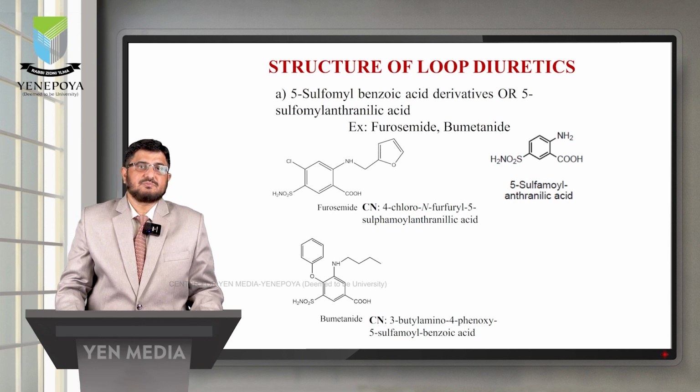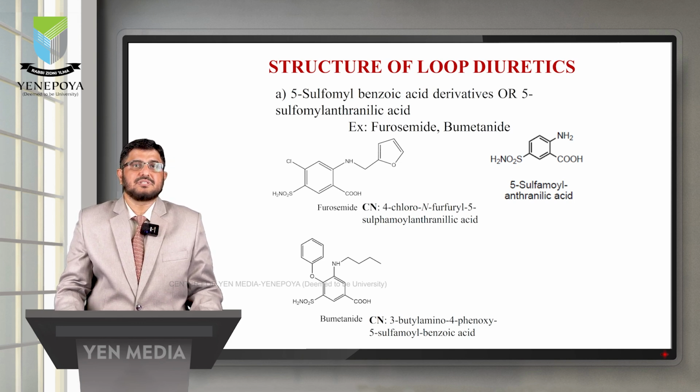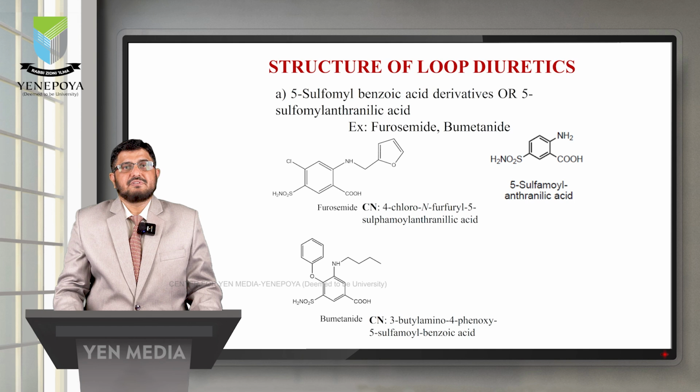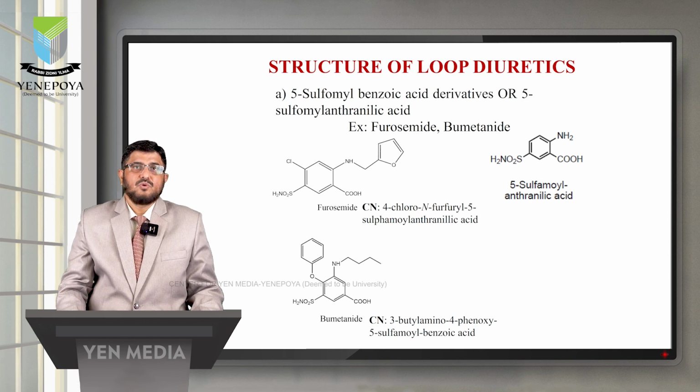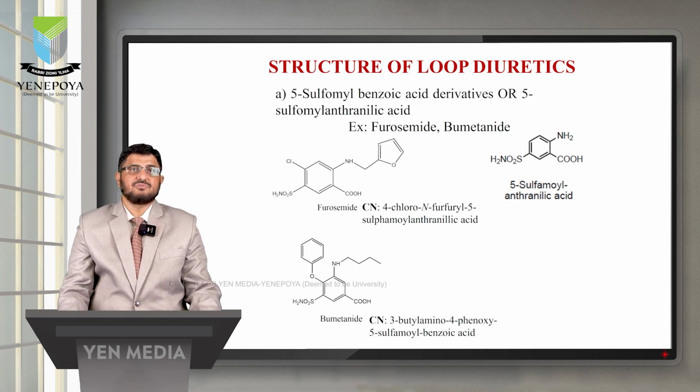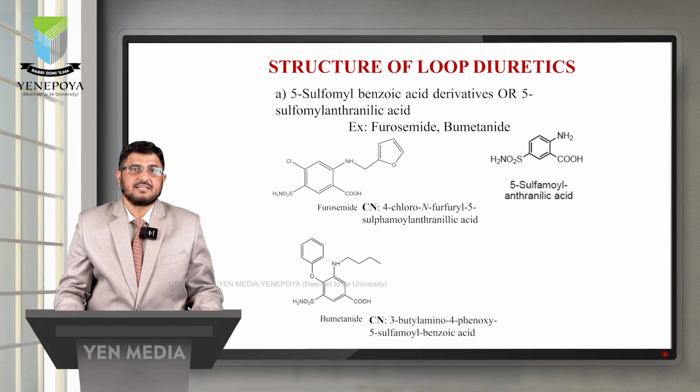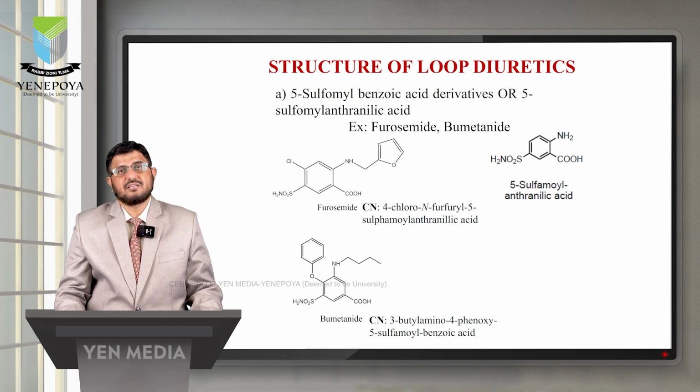So, first position carboxylic acid, third position amine with the butyl group, fourth position the phenoxy group, which is an electron withdrawing group and plays an important role here, and fifth position the sulfamyl group. We can see the carboxylic acid and sulfonamide groups are present, which are most necessary for the diuretic action.